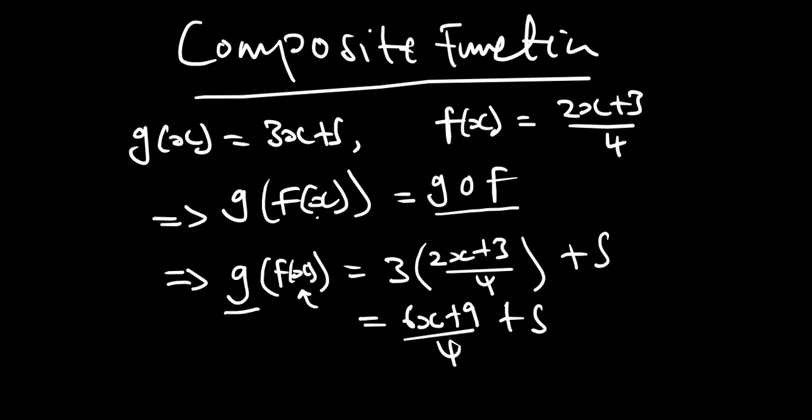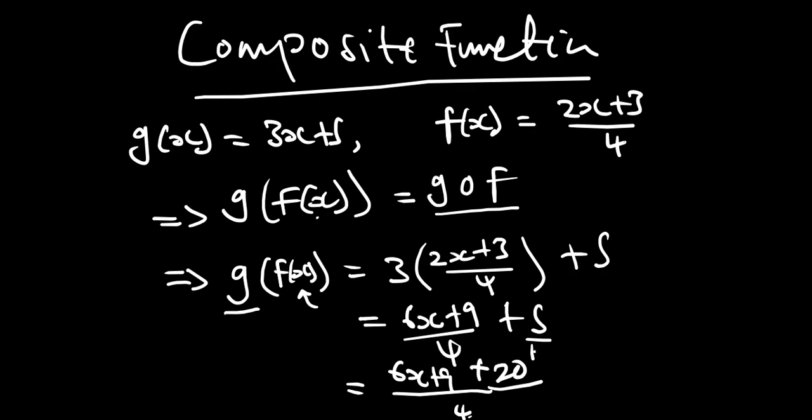So you can add those two expressions. You can say this 5 is 5 over 1, and then the common denominator you set to be 4. So this is equal to, 4 into this, it will be 6x plus 9, plus 1 into 4, and then 4 multiplied by 5, we are going to get 20.